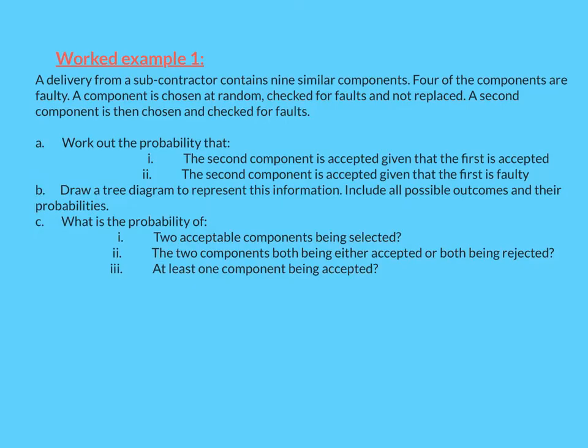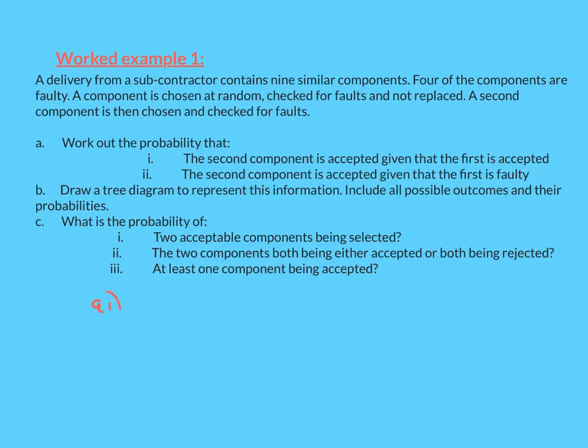A second component is then chosen and checked for faults. Now, if it's checked for faults and it's faulty, then obviously that's not an acceptable component. Okay, part A, work out probability that the second component is accepted given that the first is accepted.